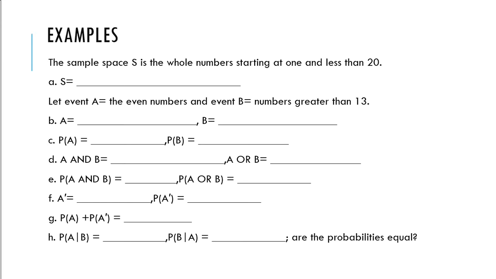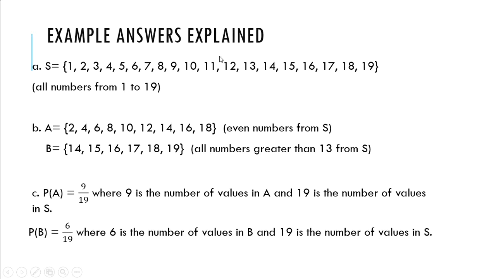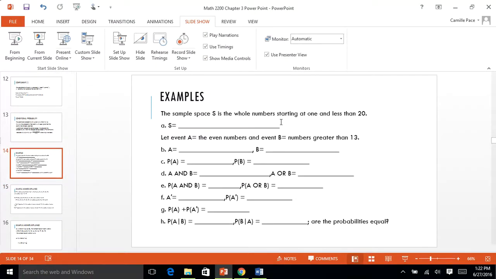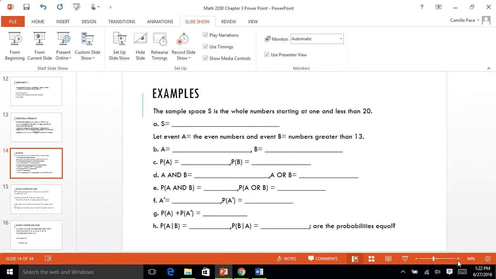Okay? All right, let's do some of these and I'll give you some examples and we can work on these. So the sample space is whole numbers starting with 1 and less than 20. Let me make this bigger.